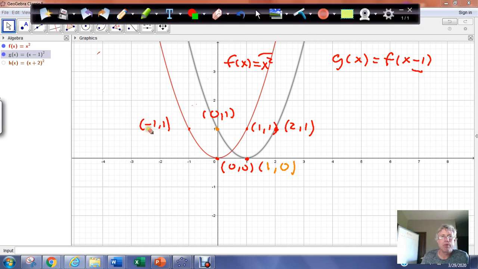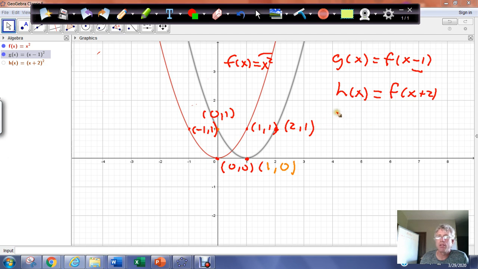The other thing that we were asked to do, I'm going to move this out of my way a little bit. This was the point -1, 1. The other function we were asked to graph is the function h of x that's built from f by adding 2 to the input variable.